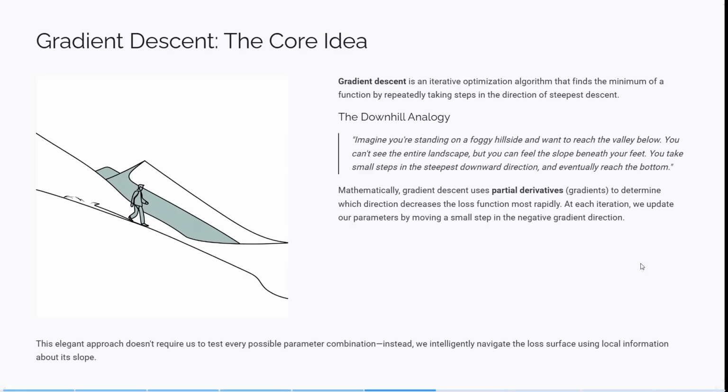In mathematical terms, the gradient or the slope of the loss function tells us which direction reduces the error the most. At each step, we move opposite to the gradient because we want to go down, not up. This lets us converge to the optimal parameters without brute force.